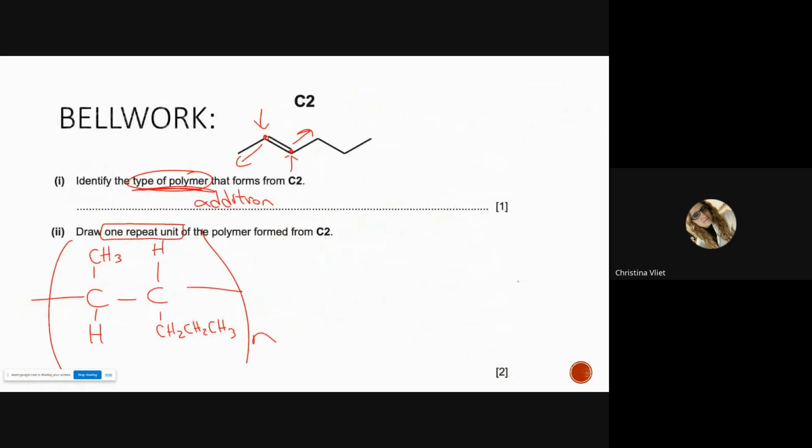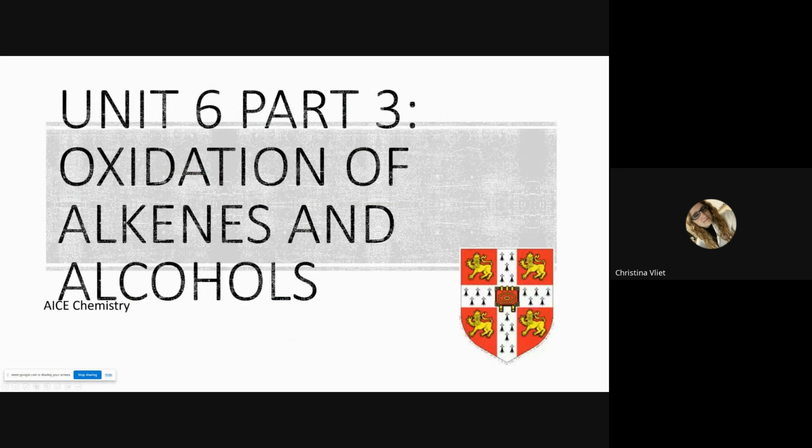Objectives. Our lesson today is redox, but specifically oxidation. The main goal: if we can understand alkenes and what to do with those, that finishes the part of the unit on reactions of alkenes. We'll finish that today.